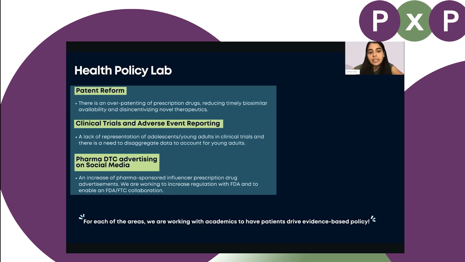The second is in clinical trials and adverse event reporting. And all of these areas that we work on are really born out of experiences of ourselves as part of the leadership team or part of those who are part of our community.